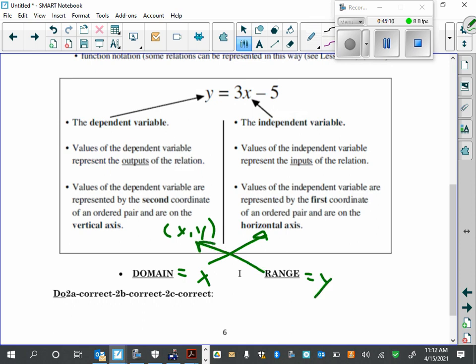It's just because, usually, it's alphabetical, left to right, x then y. So domain is here with the x. Inputs, independent, x, domain. Those are all related. And the dependent variable is the range. Range means y, which means dependent, which means outputs.